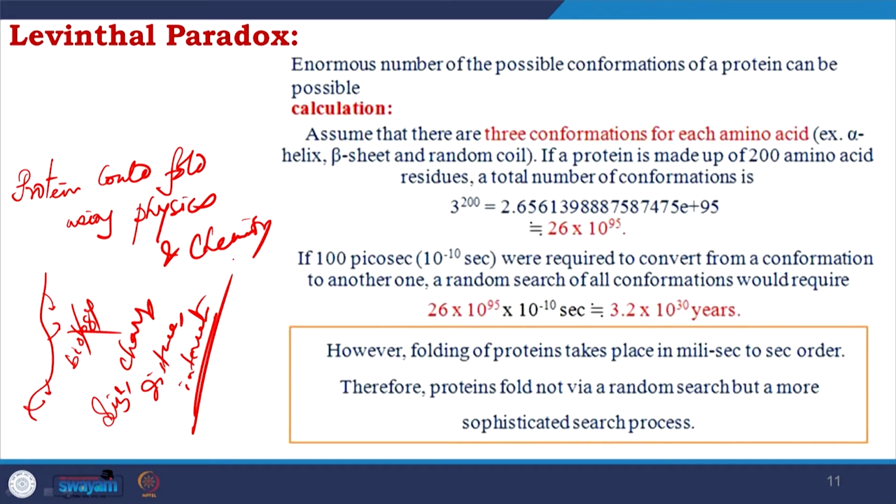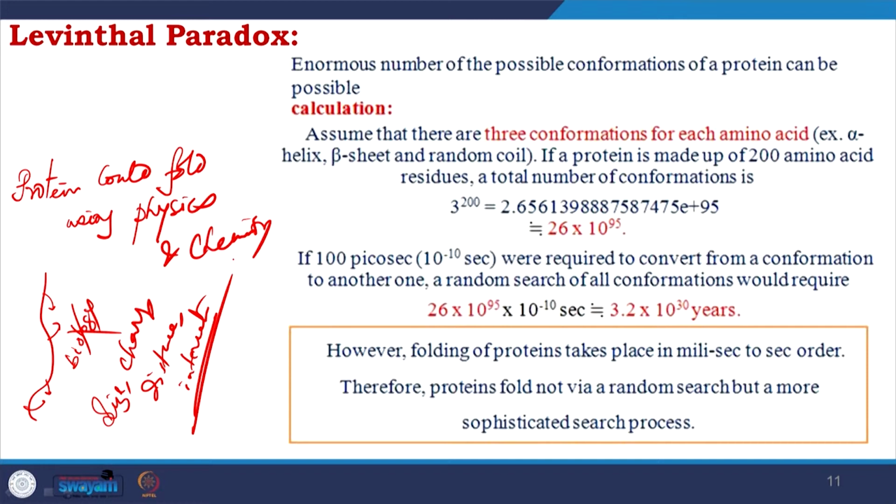Now, he considered that if 100 picoseconds, which is 10 to the power minus 10 second, is required to convert from one conformation to another, a random search of all conformations would require 26 into 10 to the power 95 into 10 to the power minus 10 second, which is actually 3.2 into 10 to the power 30 years. However, we all know that protein folding takes time from the millisecond to second order.